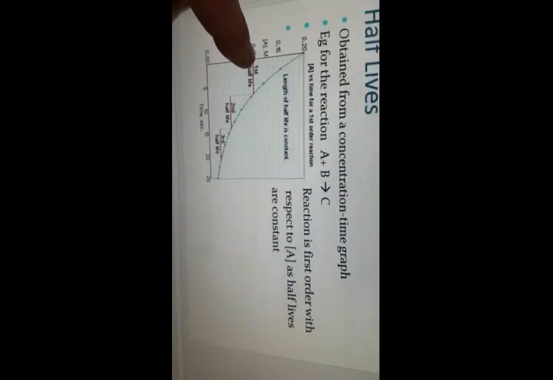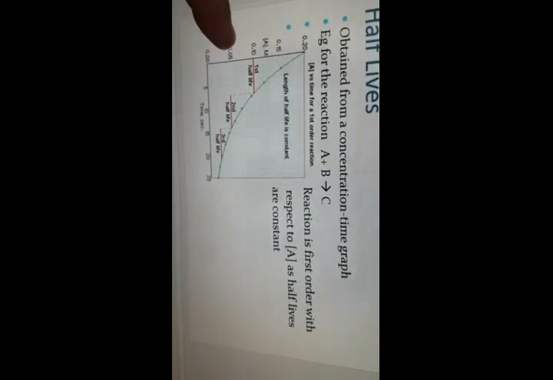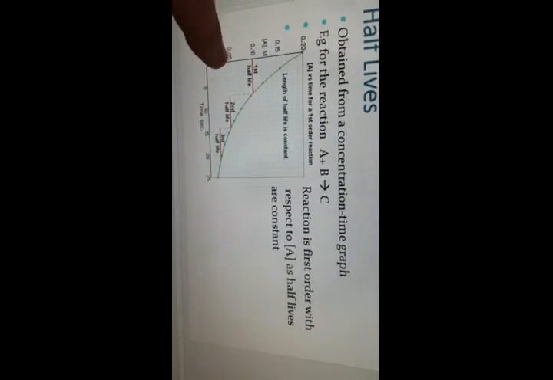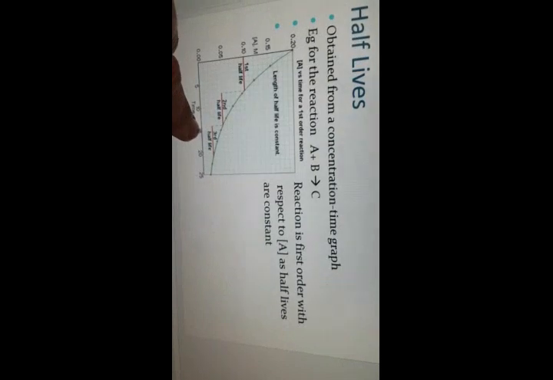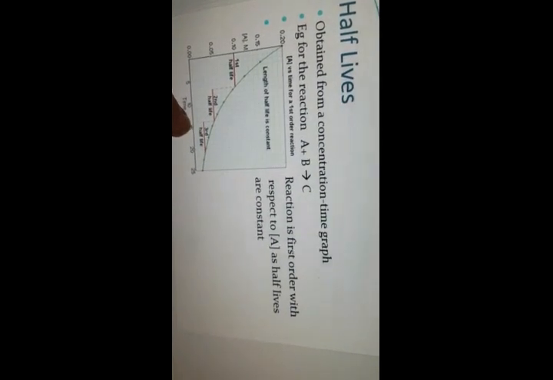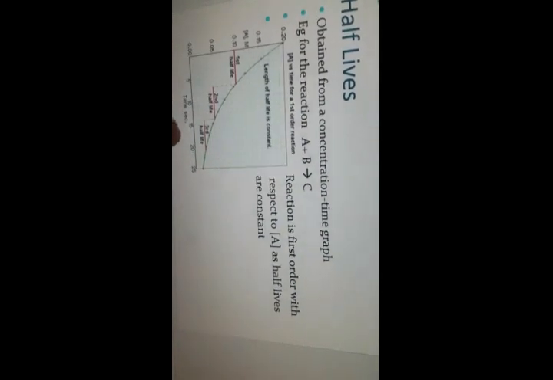We then do a second half-life. What if we want to halve the concentration again to 0.05? Well, we draw a line across at 0.05. If I do the line down there, it comes in at 14 minutes. Now, crucial thing here. Some careless students always just say, right, the first half-life is 7 minutes, the second is 14. Well, no, it is not.